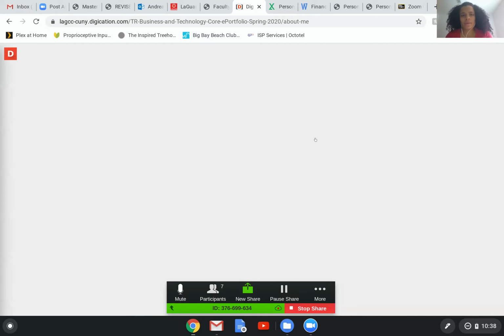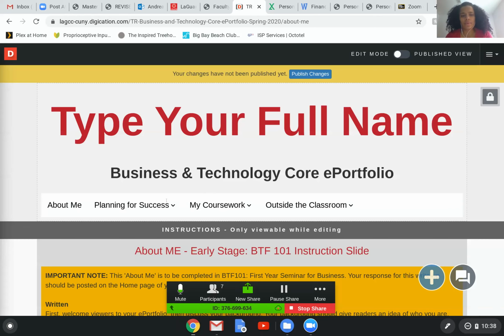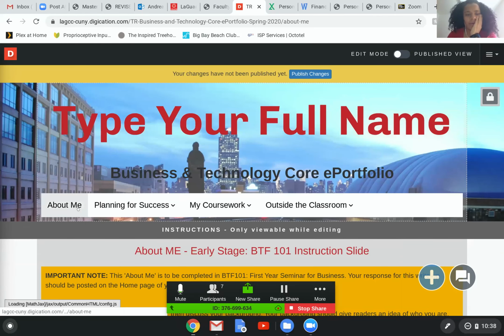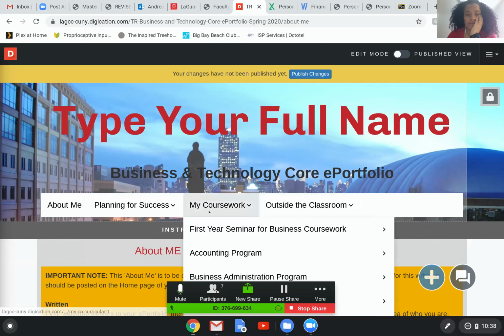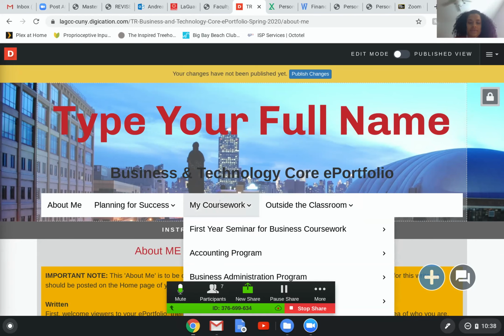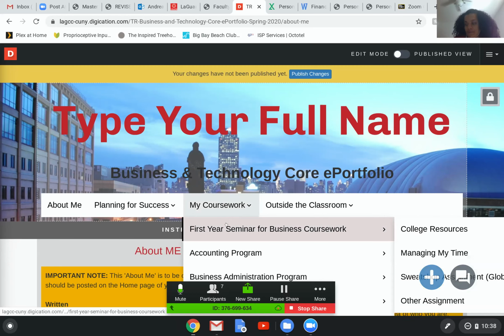So on the Eportfolio, some of you hid tabs that you weren't using, like the About Me and the Planning for Success, but you may not be showing these tabs in your published view. But when you go into your Eportfolio, it is there. The tab is My Coursework. You go to First Year Seminar for Business, because that's the class that we're doing.